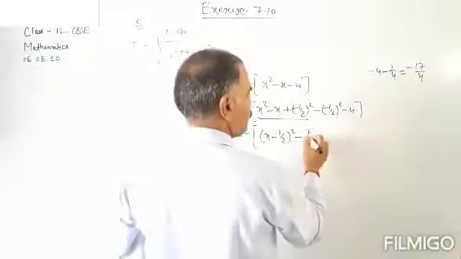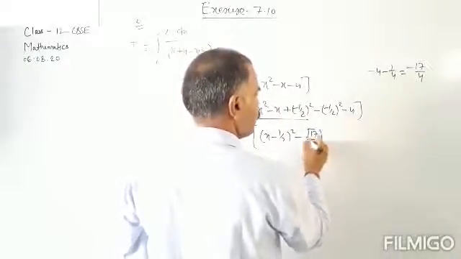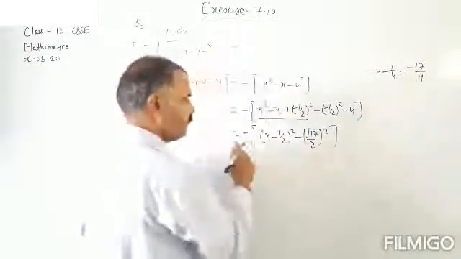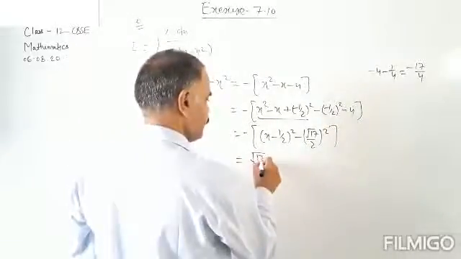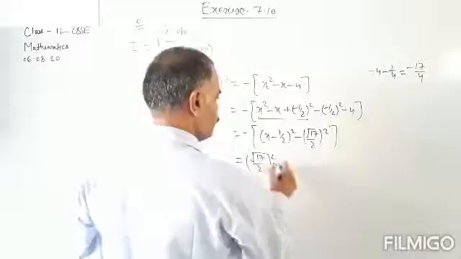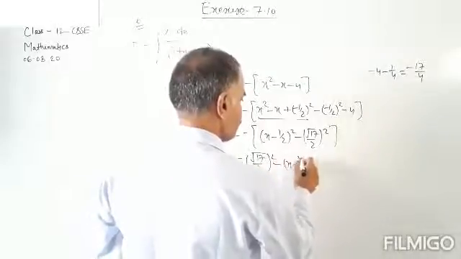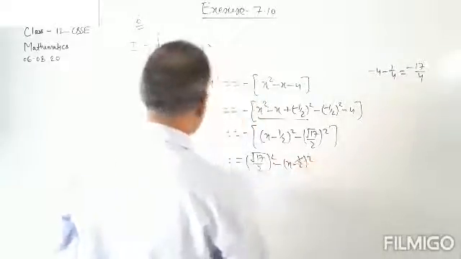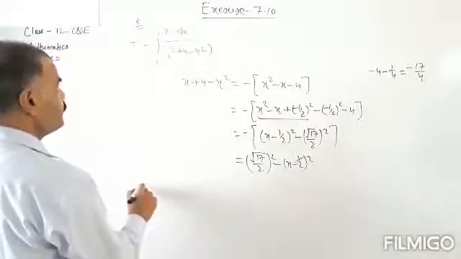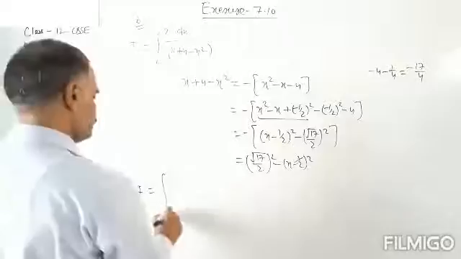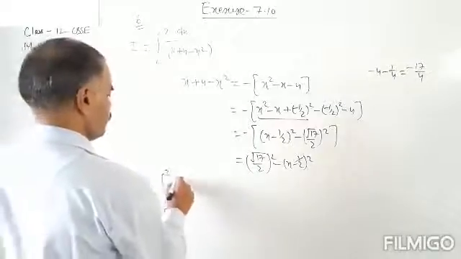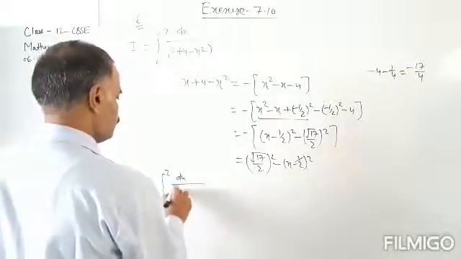So this is minus under root 17 by 2 whole square. And after multiplying with negative sign, this will become under root 17 by 2 square minus x minus 1 by 2 square.